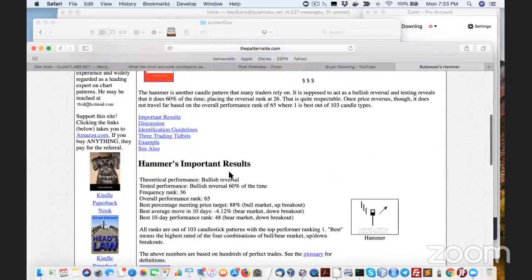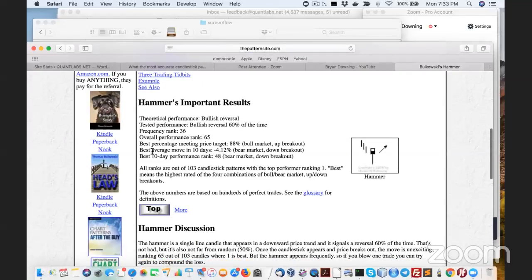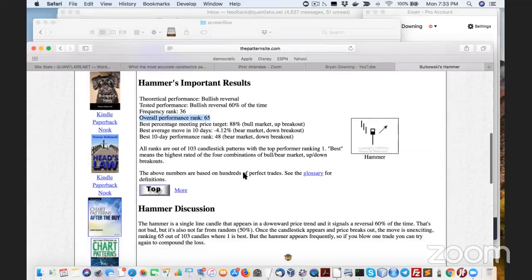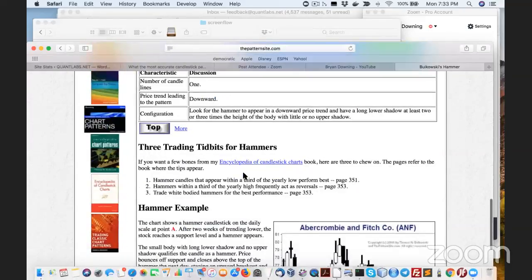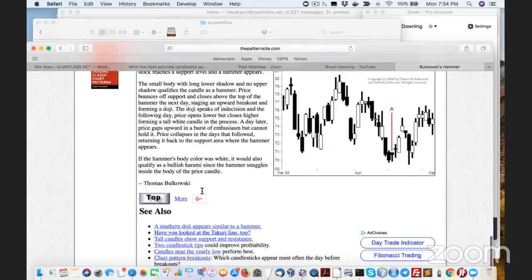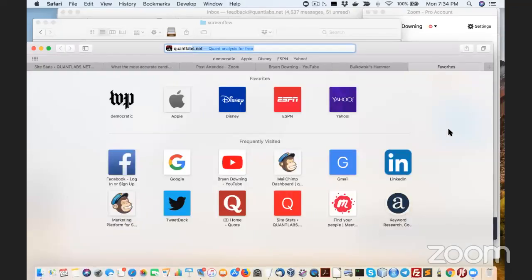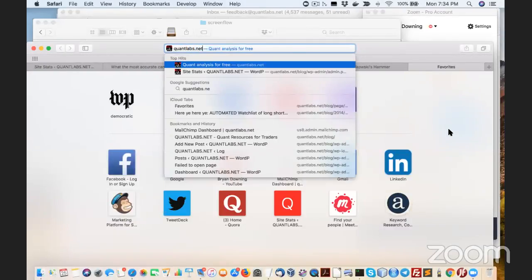And what he does, he goes through all of what it looks like, the description of it, percentage of accuracy here. He measures performance against 103 different candlesticks. Does a pretty good job. And so what I did was, and here's an example of this hammer right here. So what I did was, in my blog, if you go to it, I did this last week.